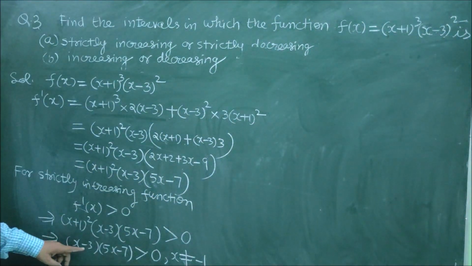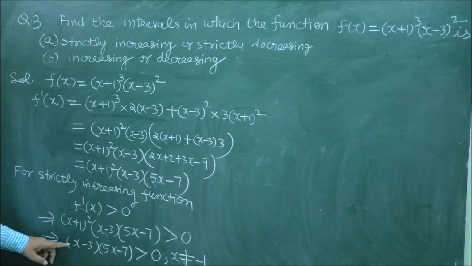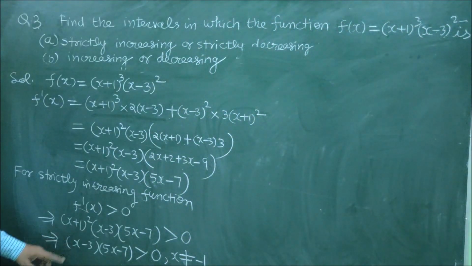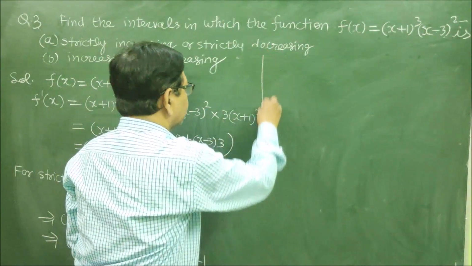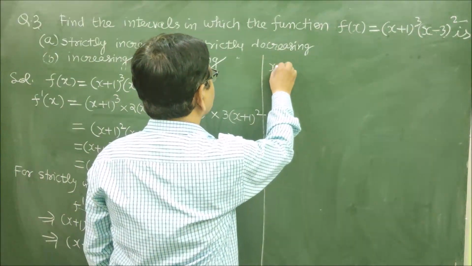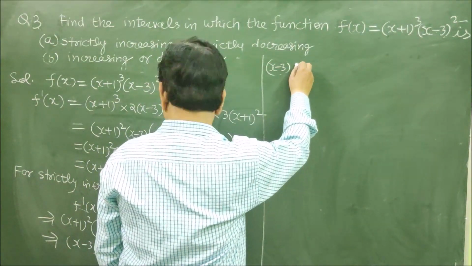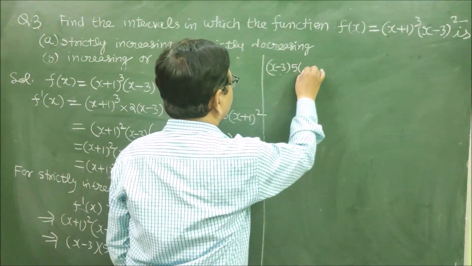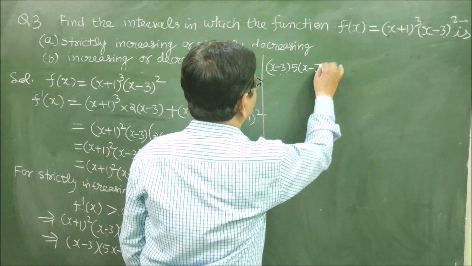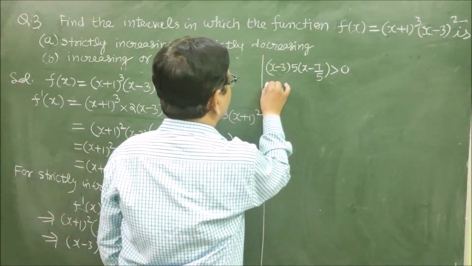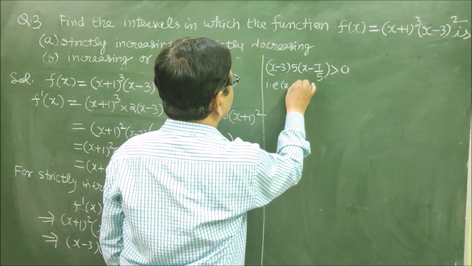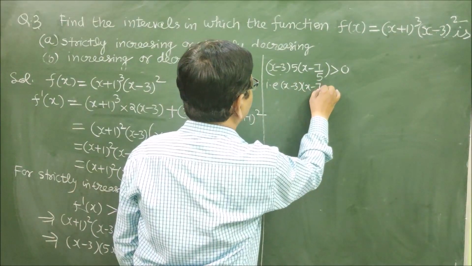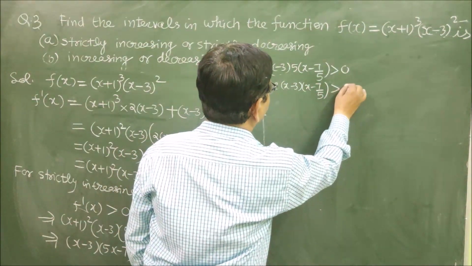Now let us solve this inequality by the quadratic inequality rule, the wavy curve method. So I can write (x − 3) times 5(x − 7/5) is greater than 0, taking 5 as common, that is (x − 3)(x − 7/5) is greater than 0.